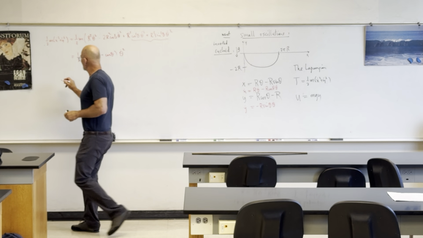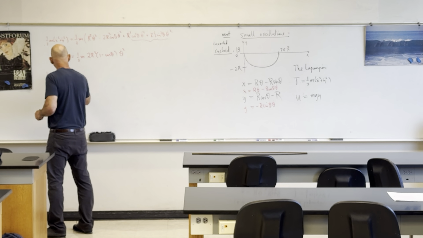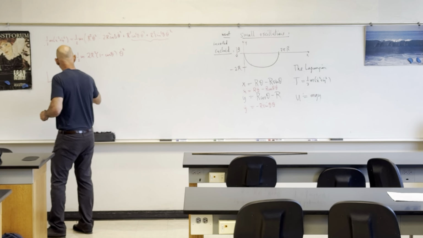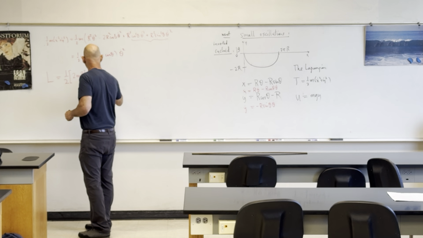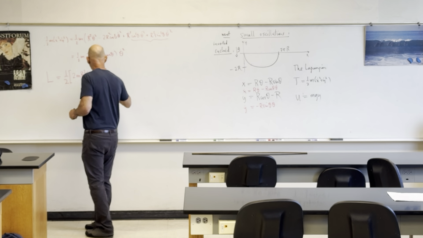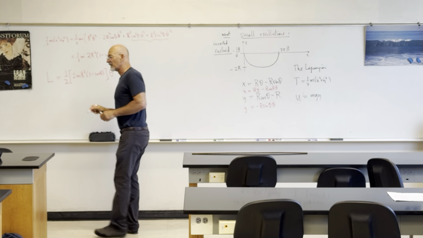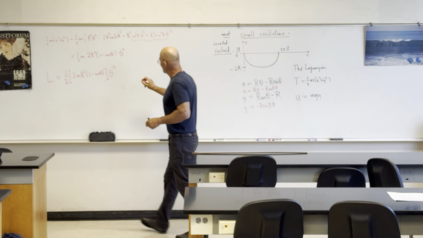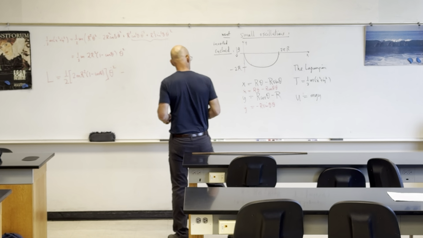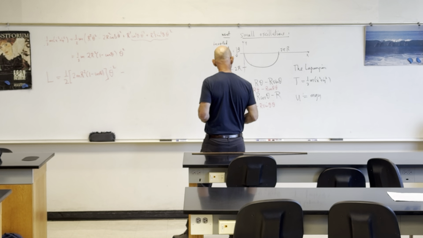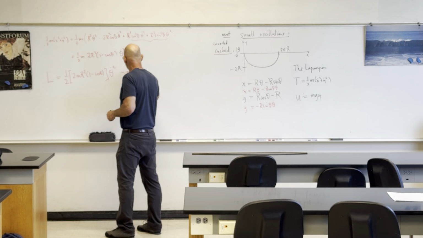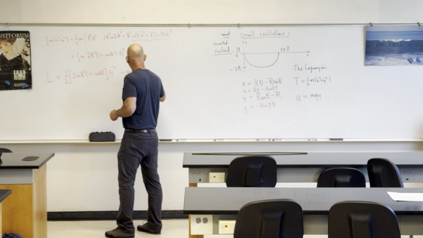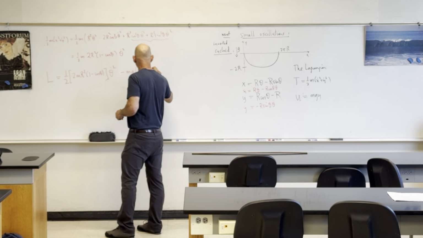The standard form of the Lagrangian is this: we're going to have a 1/2, we're going to have a 2m r squared times 1 minus cos theta, and theta dot squared. And then I'll subtract off the y, which is r cos theta minus r, so mg times r cos theta minus r.